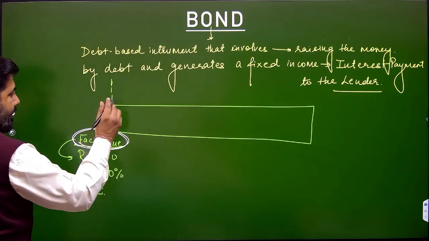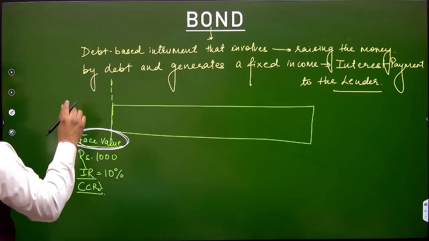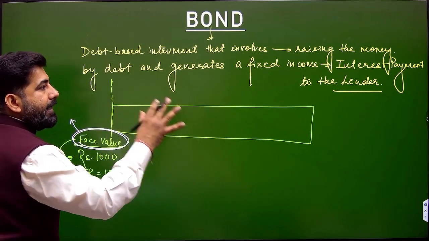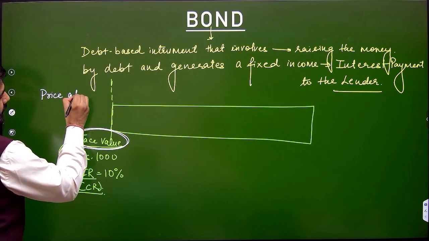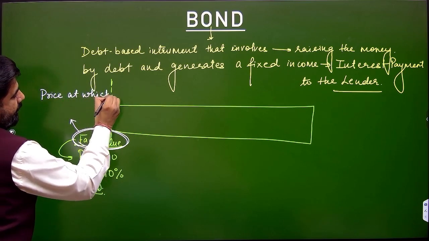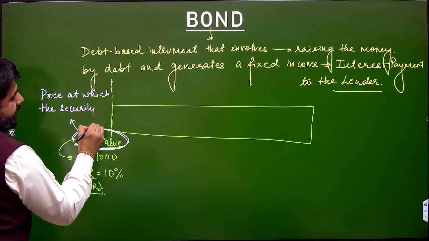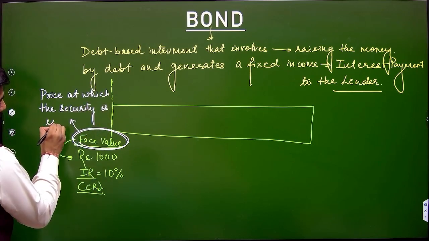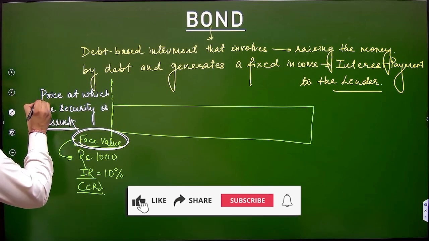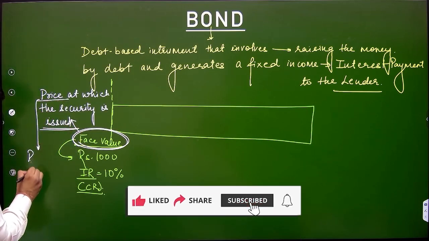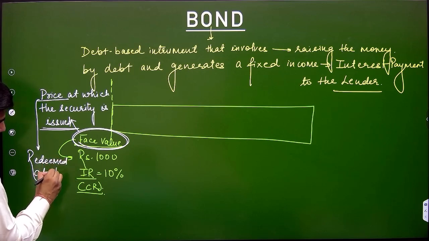The face value of a bond or of a security refers to the price at which that security is issued, and this is the price at which it will be redeemed at the time of maturity.